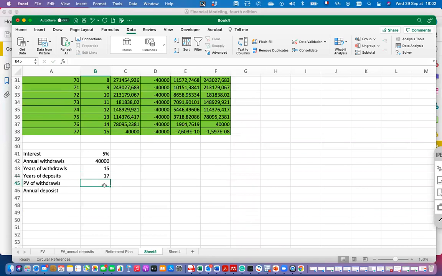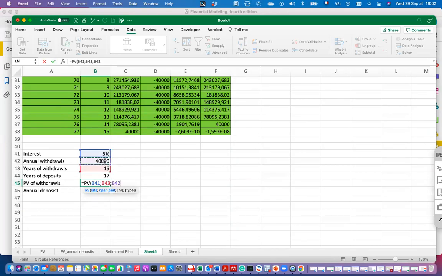Now let's start by the present value of withdrawals. So equal the PV, the rate, then the number of periods of withdrawals is 15, then the payment which is 40,000 with the minus sign. Let's return. I have to make a second discount to bring this whole amount of money to T0.